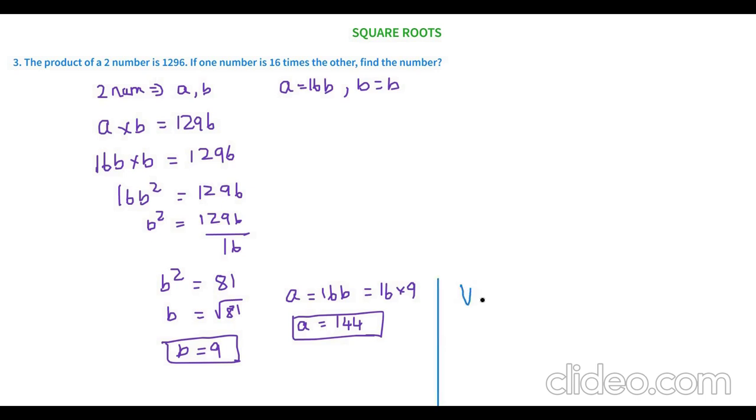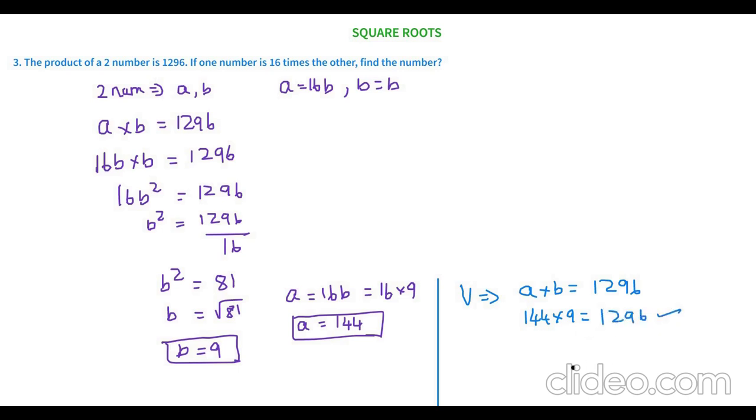Since we have got these two numbers, A times B should equal 1296. So let's find out whether 144 times 9 is 1296. So 144 times 9, when we multiply, we get 1296.